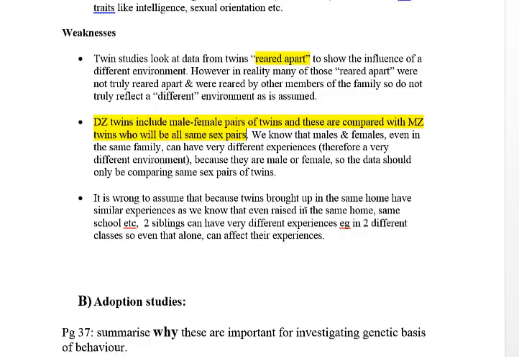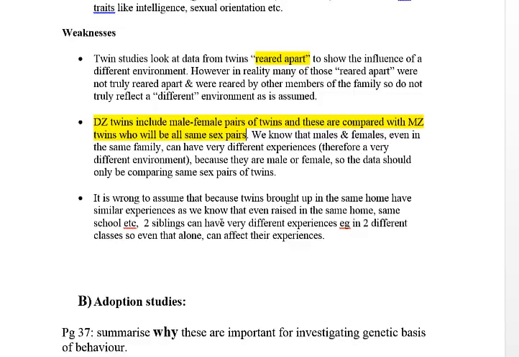And here, even with twins brought up in the same home, we can have very different experiences. I know twins who have told me that even though they are twins, they've experienced very different things. And we certainly have had twins in the school, and some twins, even as I speak today, who have been very open about the fact that their experiences have been very different, and that has made them different people.